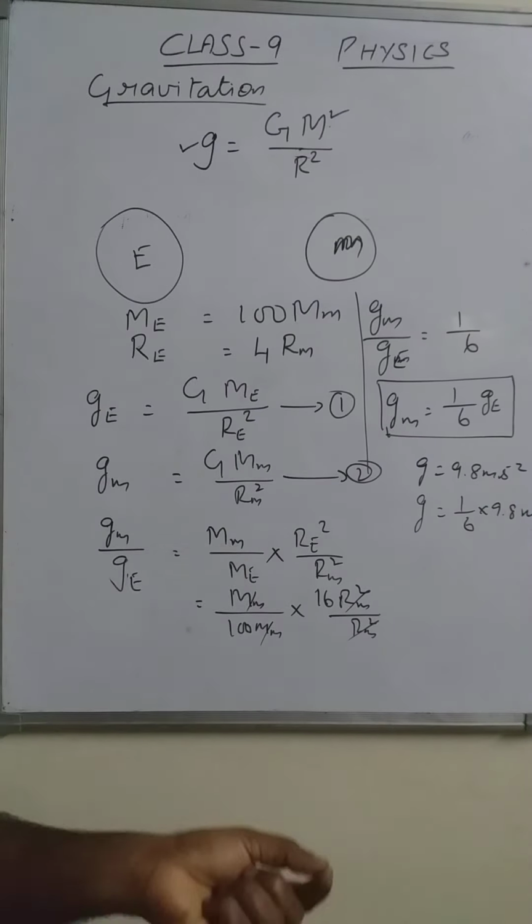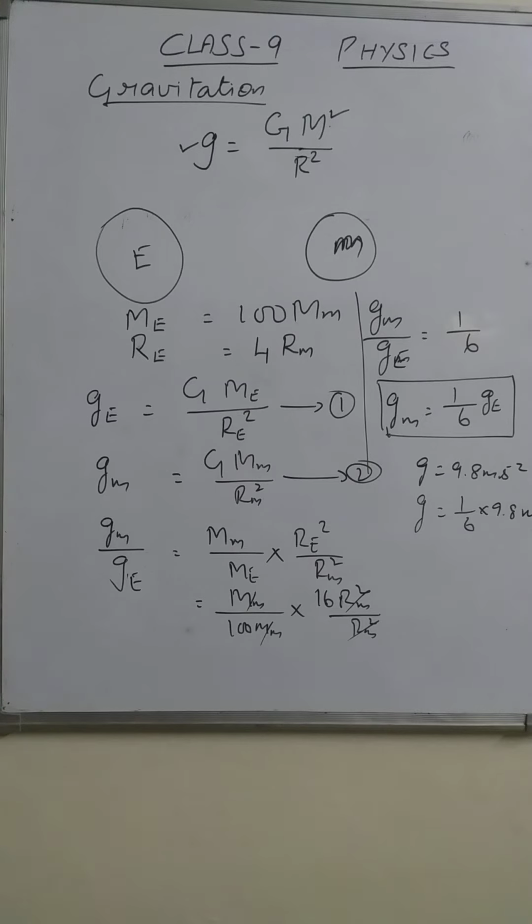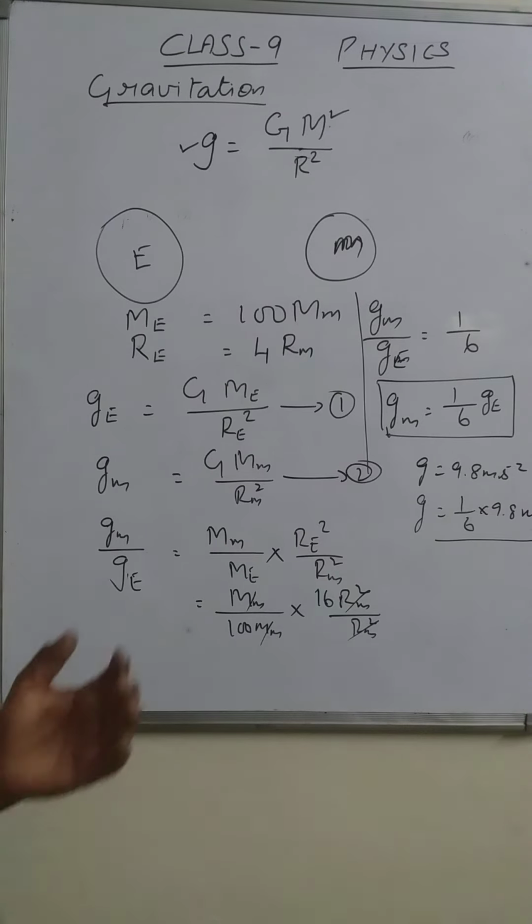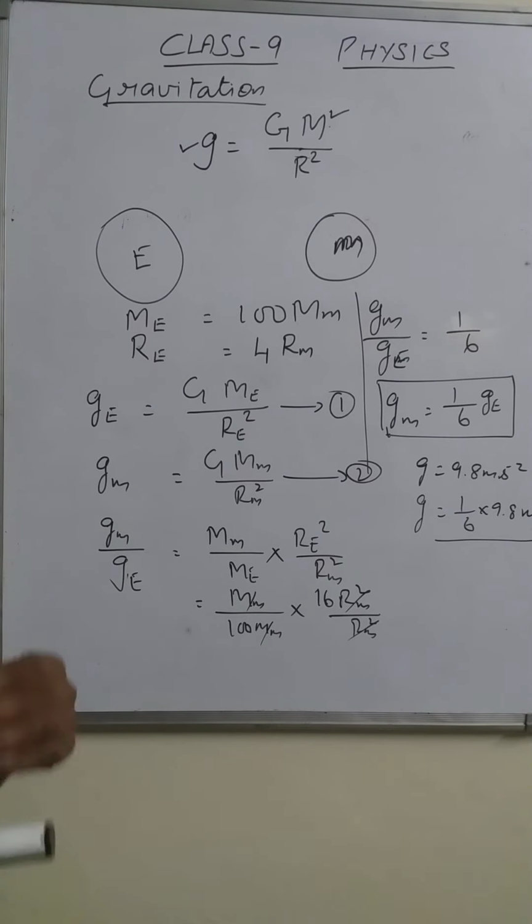So on the moon surface, the acceleration due to gravity is very less. Because of this small acceleration due to gravity, what happens? The moon is not able to trap all the gases released from its surface.